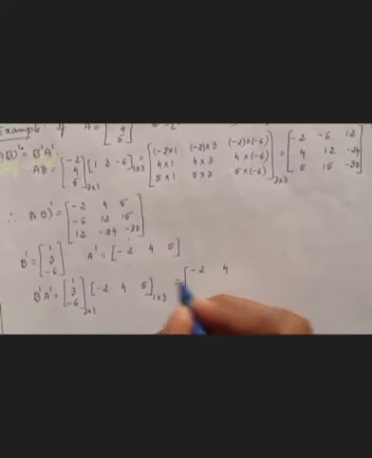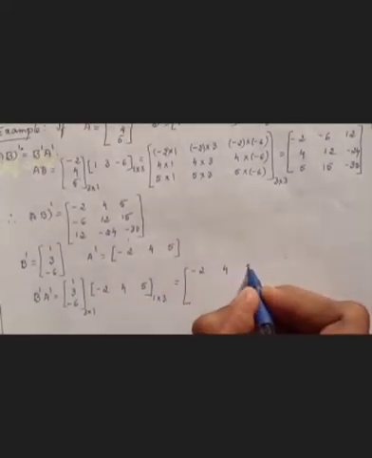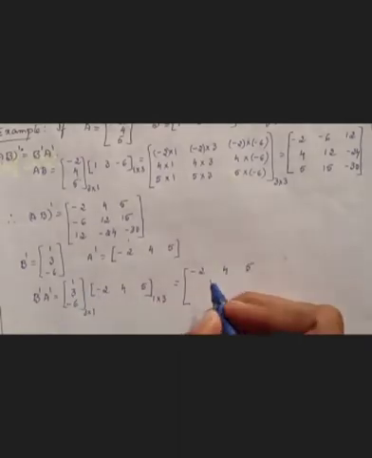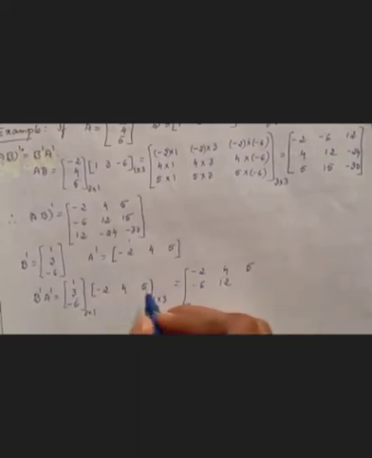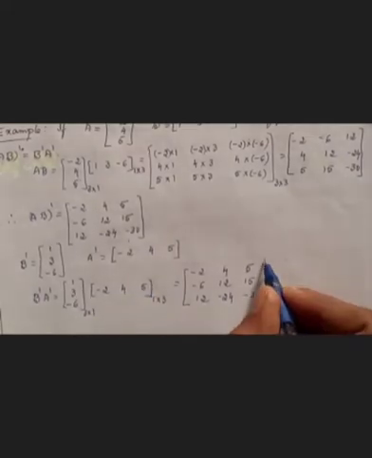Usual multiplication, I'll directly write the values. 1 into -2 is -2, 1 into 4 is 4, 1 into 5 is 5. Then 3 into -2 is -6, 3 into 4 is 12, 3 into 5 is 15. -6 into -2 is 12, -6 into 4 is -24, and -6 into 5 is -30.